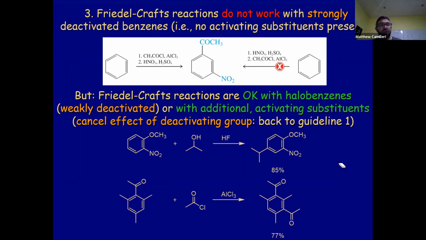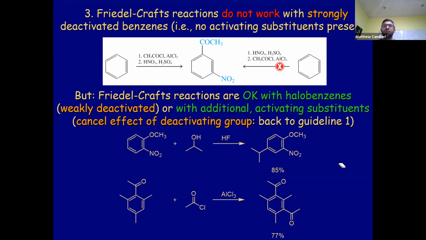Friedel-Crafts conditions do not work with strongly deactivated benzenes. In fact, with Friedel-Crafts reactions, especially the alkylation, the slight activation from the methyl group will make the reactions go so much faster. And you will really get only a monosubstituted product.